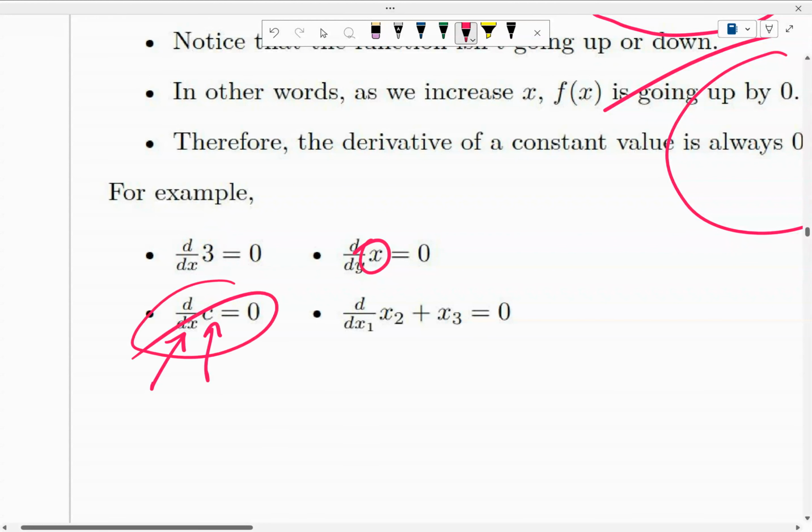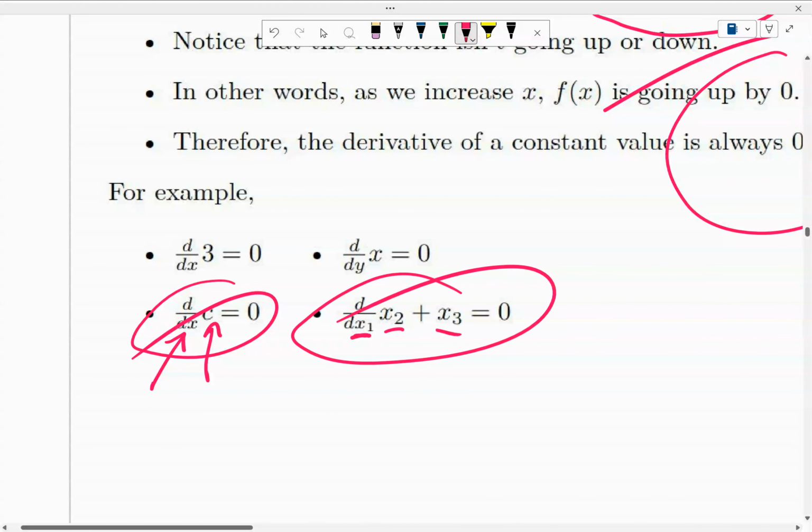Over here, the variable is y, therefore x is not a variable, x is a constant, implying, again, 0. Over here, once again, we have x1 as the variable, but what we have is x2, x3, so they are treated as constants, hence 0.